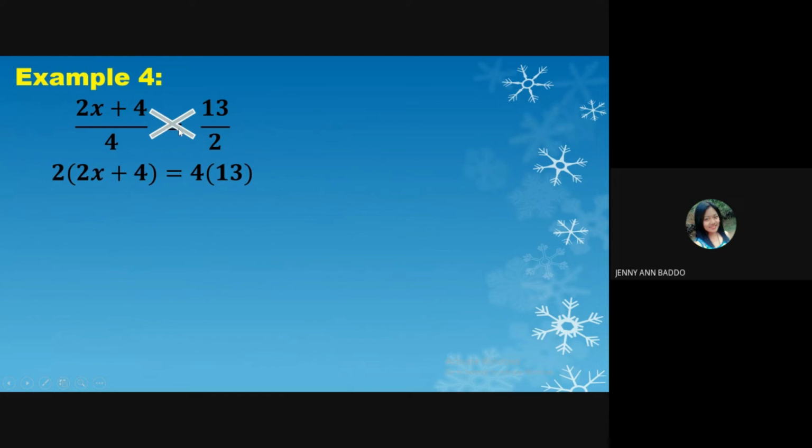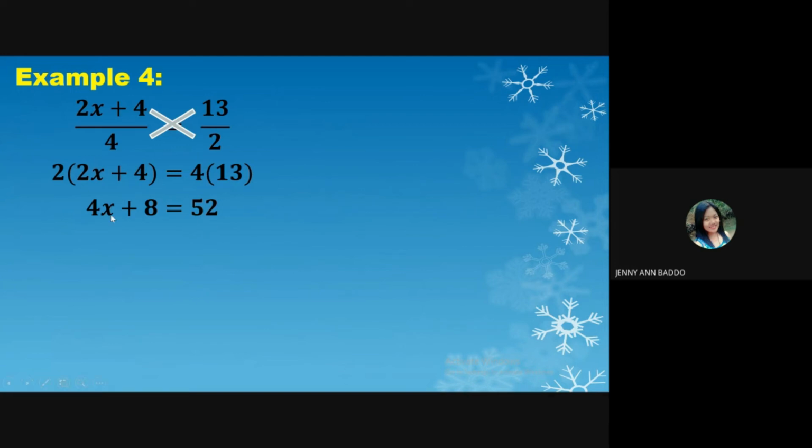For the other one, we have 4 times 13 or 13 times 4. Simplifying now the new equation, we have to use the distributive property on the left side. So that's 2 times 2x, it's 4x. 2 times 4, that's positive 8. And for the right side, we have 4 times 13, that's 52.